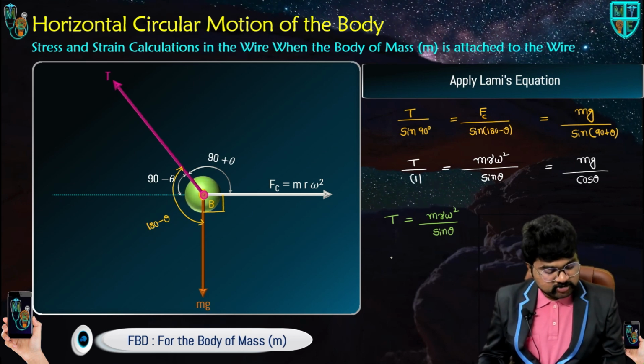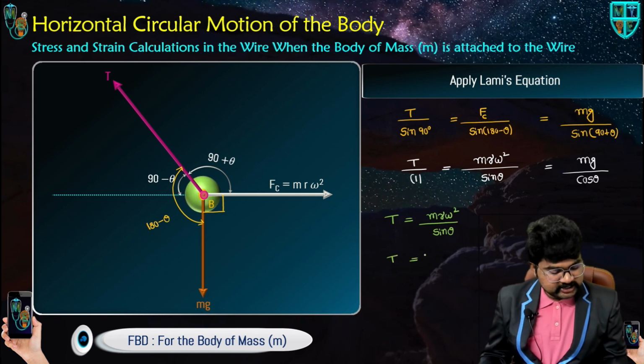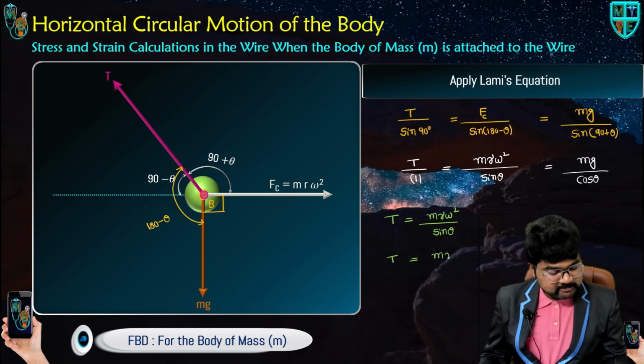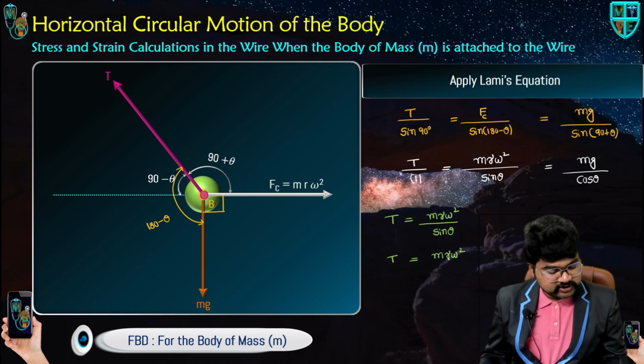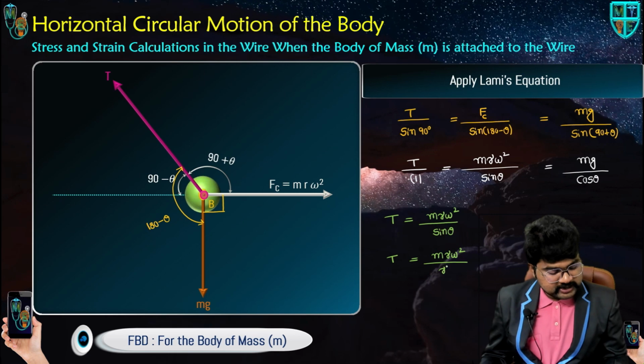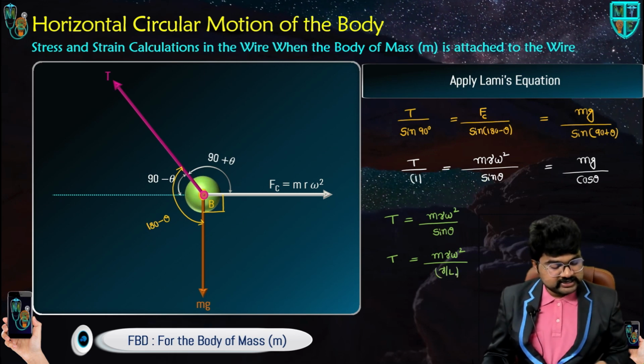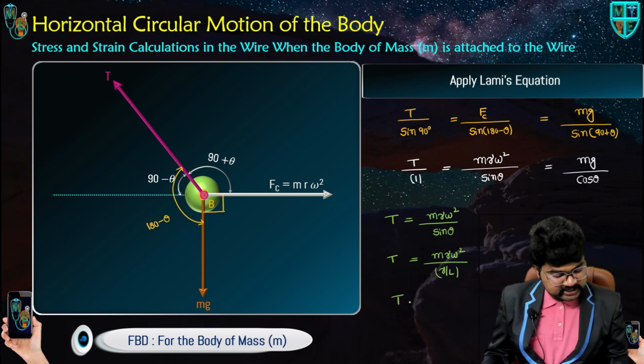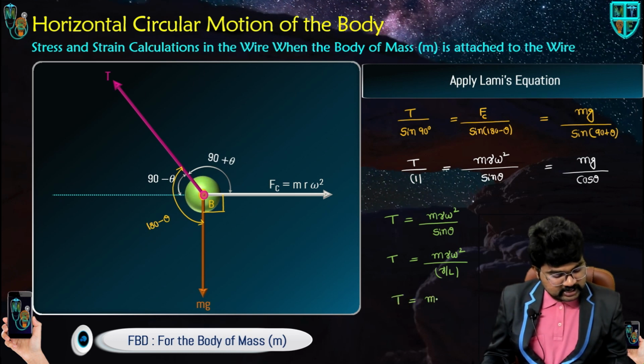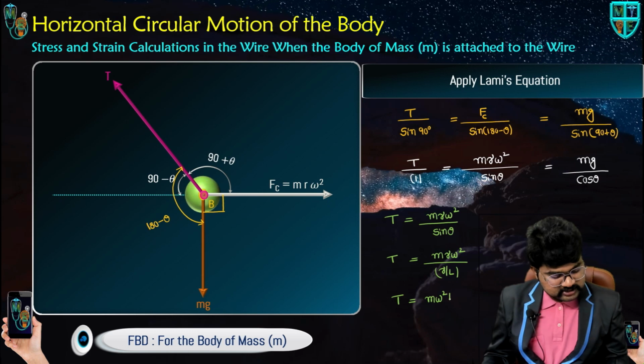Here sine theta equals r by L, so tension T equals m r omega square by r by L. r gets cancelled out, tension T equals m omega square L.